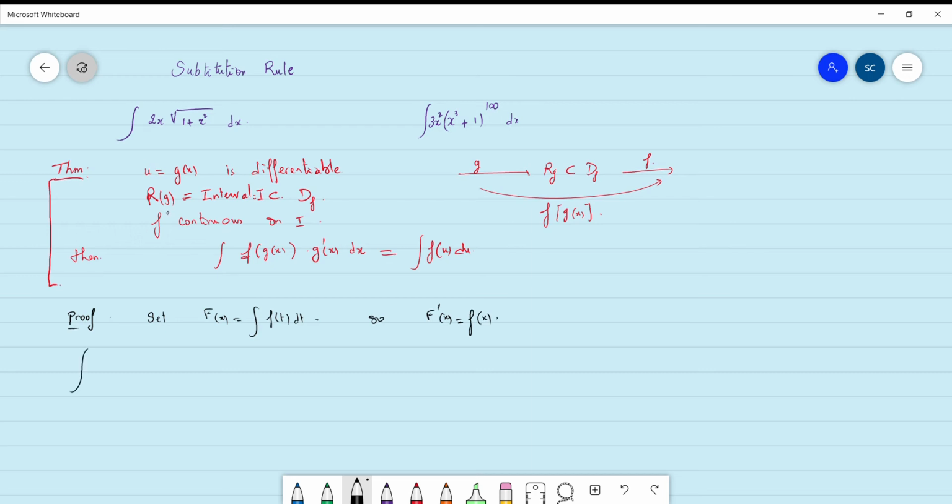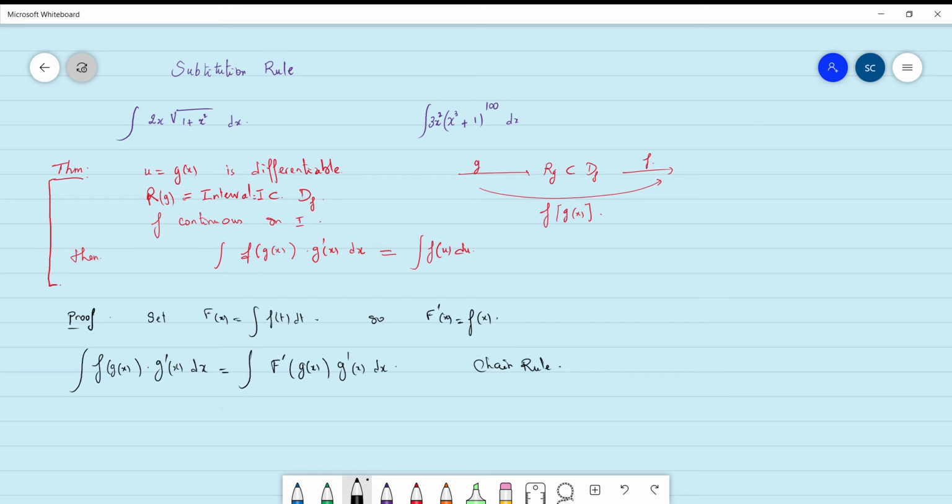Let's start from the left-hand side and write it differently using the antiderivative, capital F. You will have F prime at g of x times g prime of x dx. This reminds me of the chain rule formula.